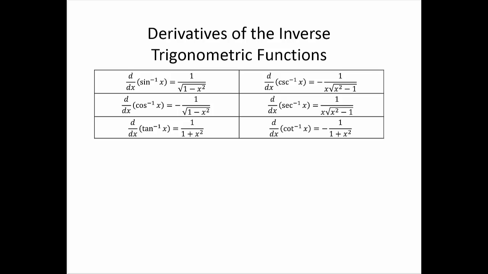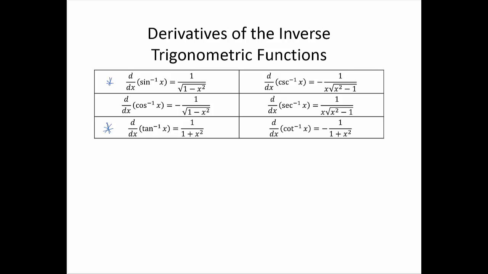So for your reference, here is a table with the derivatives of the inverse trigonometric functions. We did the sine inverse and the tangent inverse as part of this presentation, but here are the others. d by dx of cosine inverse of x is negative 1 over the square root of 1 minus x squared.